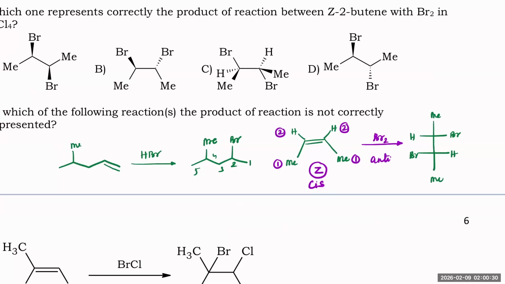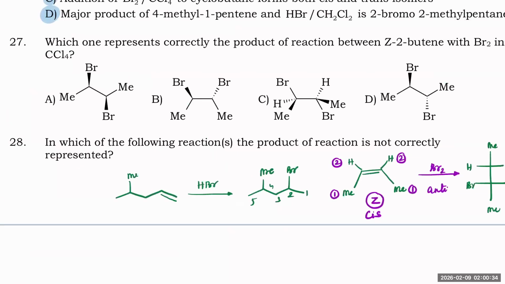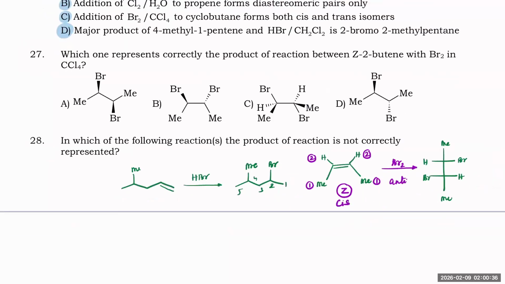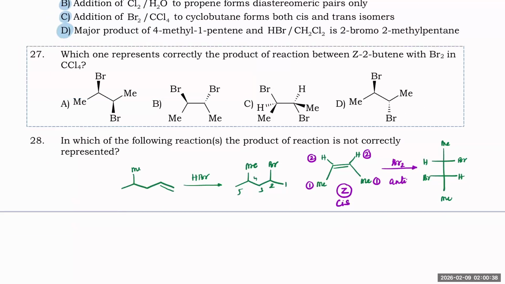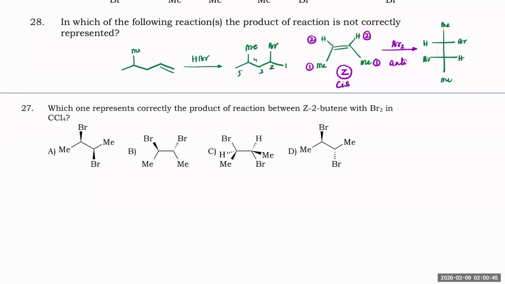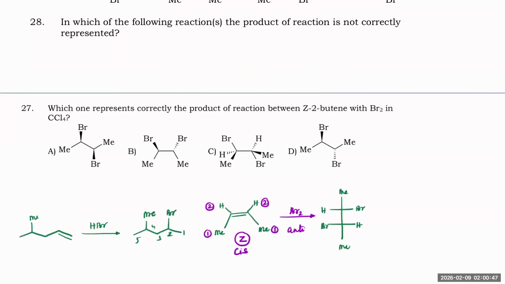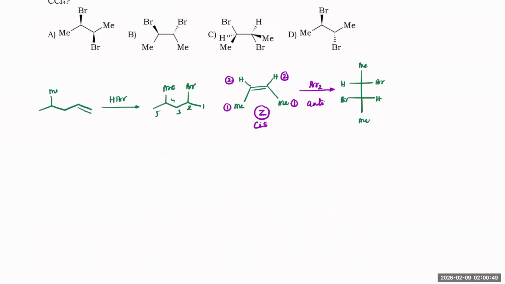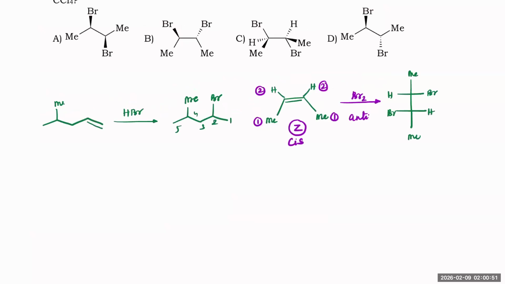Let me add one page to this. Notice in the first case, this will be a good revision for your identification of conformations and all the projections, so please learn this carefully.